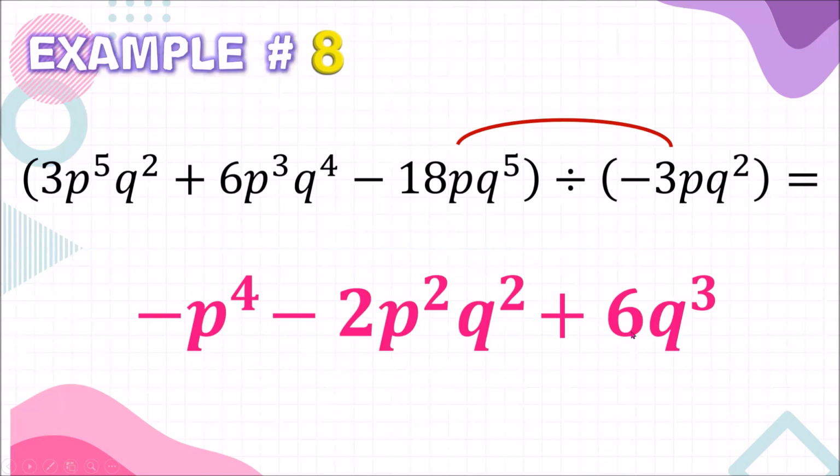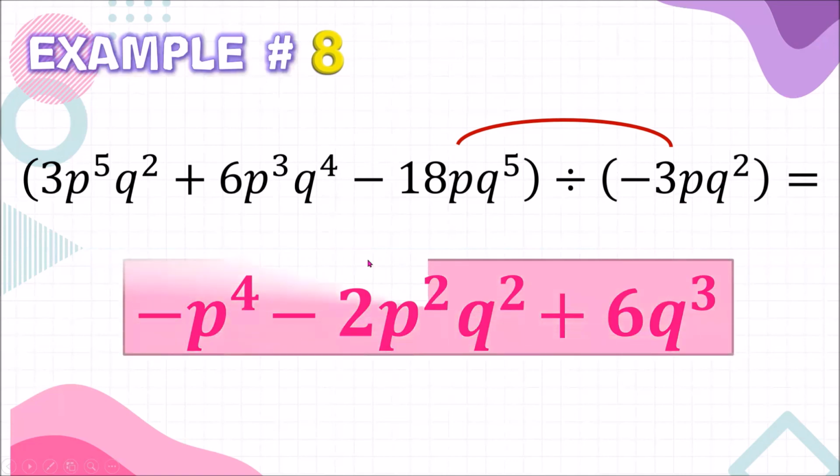Negative 3 times positive 6, we have negative 18. Just copy p. And then q squared times q cubed, we have q to the fifth. So again, final answer, negative p to the fourth minus 2p squared q squared plus 6q cubed.